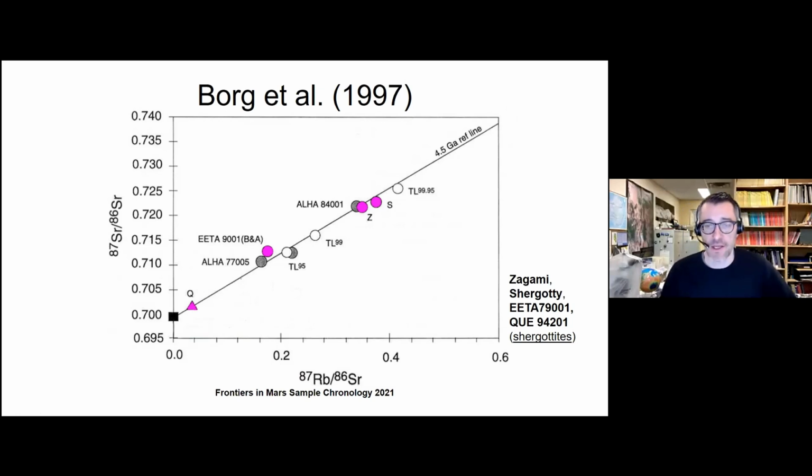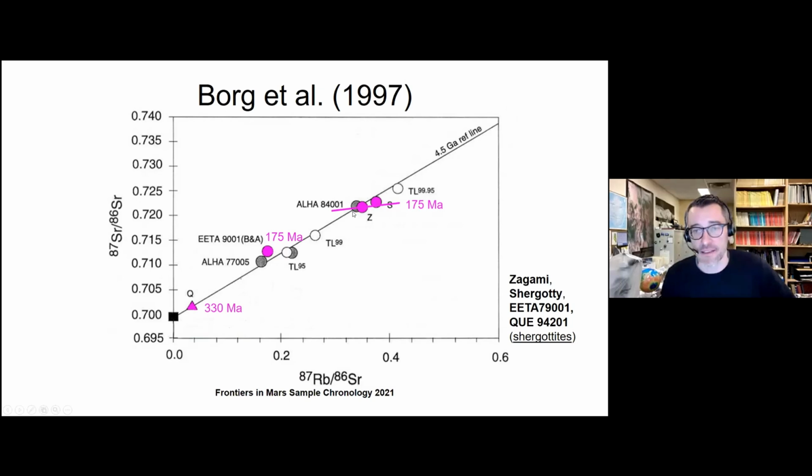I'll come back to how they interpreted that, but they nevertheless found that the ages of these rocks were still around 175 million years in these cases and 330 million years for QUE 94201. But they had these very different positions on this line.